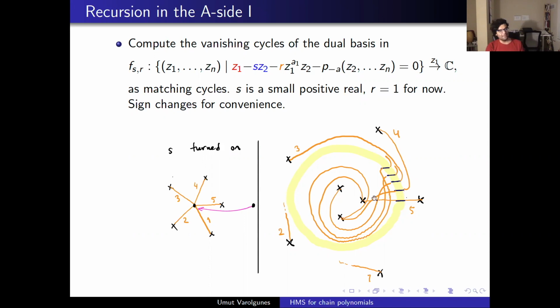Okay, so now let me tell you how the vanishing cycles look as matching paths with respect to this Lefschetz fibration. This FSR is a Lefschetz fibration for, I think, actually all values of S and R, but in particular for these ones. This Lefschetz fibration has two kinds of critical values. Some are small critical values, which are here, and there are also big critical values.